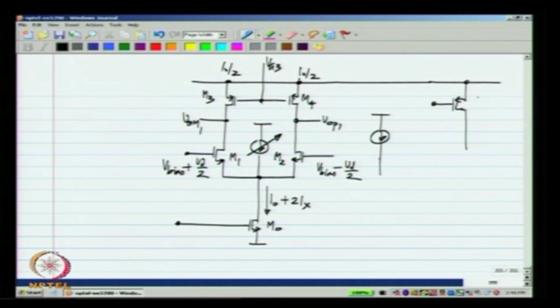Now, we also know that the transistor here, which I wanted to behave like a current source, in the small signal sense it is a voltage controlled current source from the gate to drain and it has a linear relationship. Now, I will combine this with the fact that I want a current source which should respond to VOP plus VOM by 2. Okay. So, what should I do then?